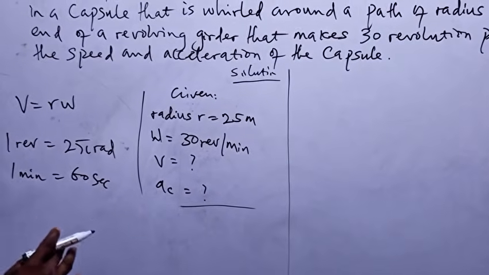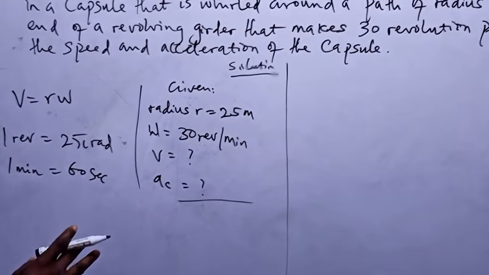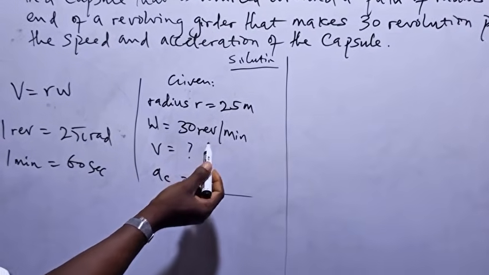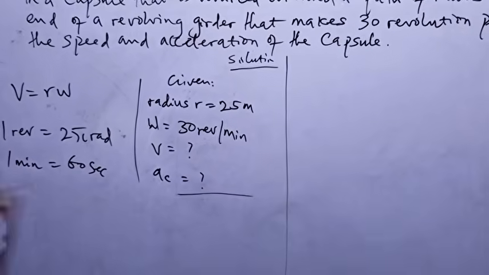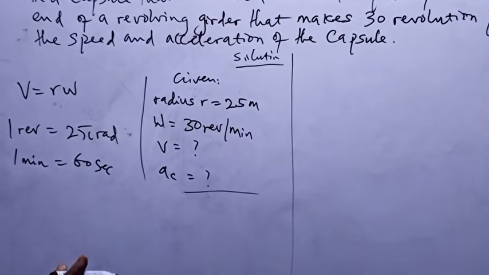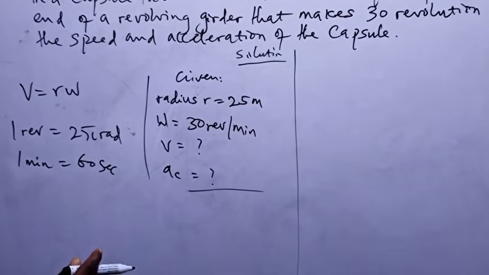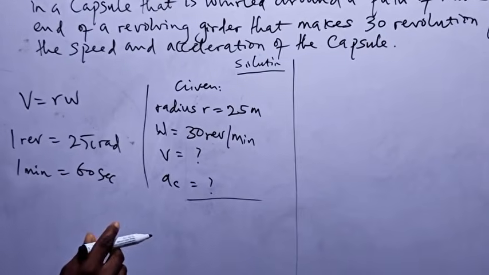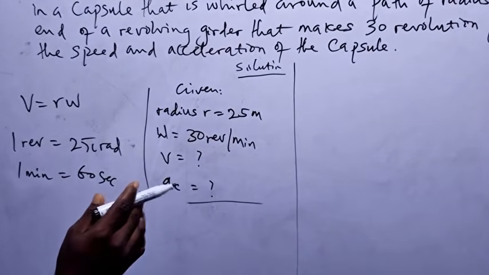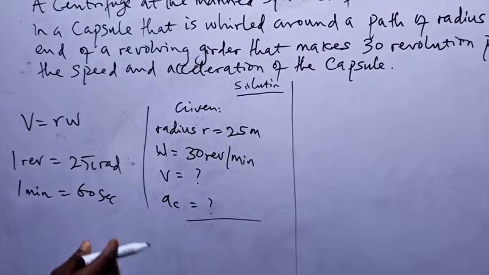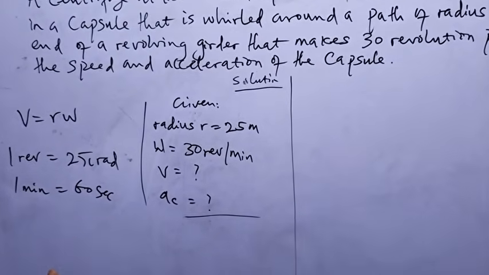Now, we have to reduce this to its smallest form, because we can't have our answers in revolutions per minute. Minute has to be resolved to seconds. I've taught this in mathematics, how to convert or reduce from a higher unit of values to a smaller one.